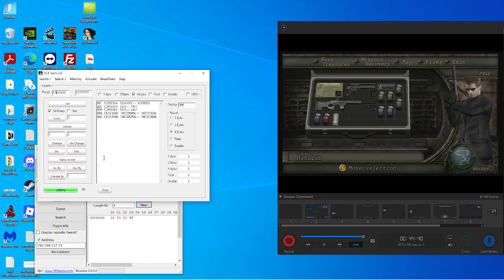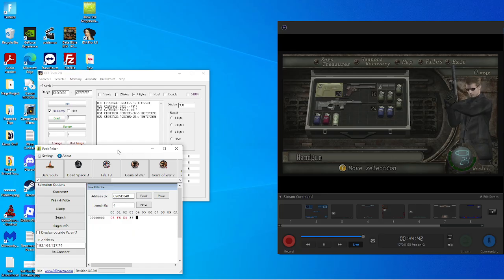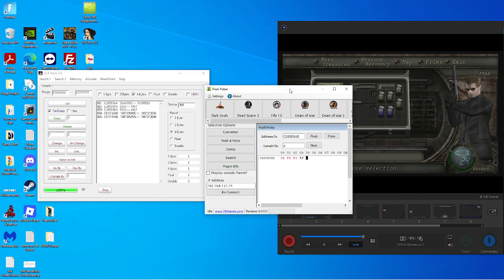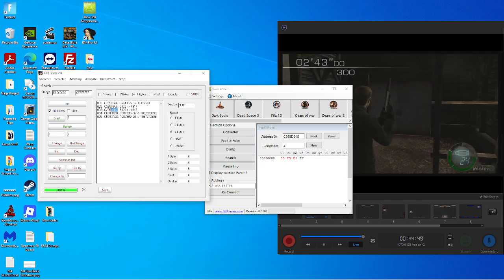Okay, so we're not getting any of these to change. So here's what I'm going to do to test. I'm going to start plugging in 0 and see which one stops the timer. Okay, that didn't end the game.